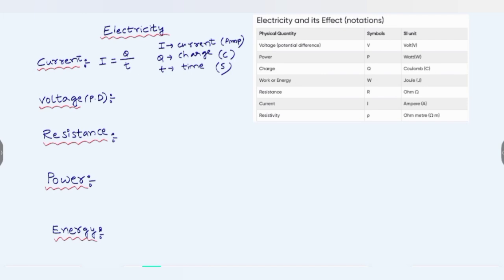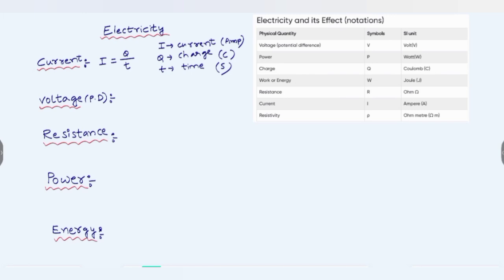Now coming to the second important definition you have to know, that is voltage. Voltage is also called potential or potential difference. What is potential difference or voltage? Potential is different, potential difference is different. Potential is the work done to bring a unit charge from infinity to a point.